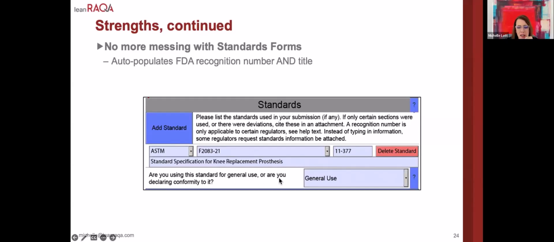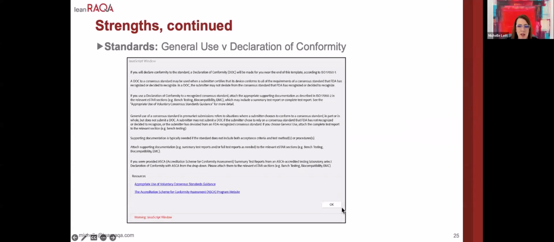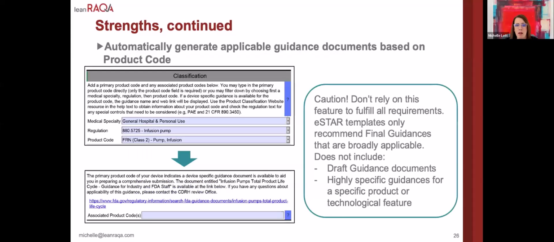This is also interesting: you have to select whether you are using this standard for general use or for a declaration of conformity. General use means you didn't necessarily follow the standard to a T, but you used it for a general purpose, maybe a particular test or acceptance criteria selection. But if you select a declaration of conformity, that's when it starts building the declaration of conformity form for you.